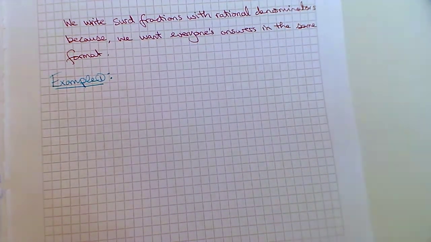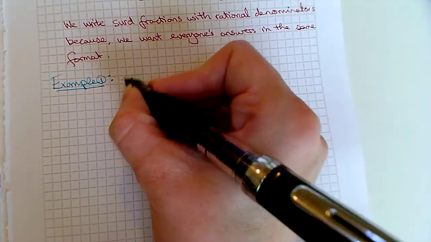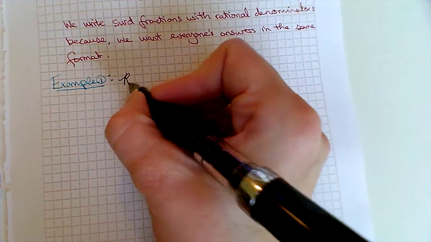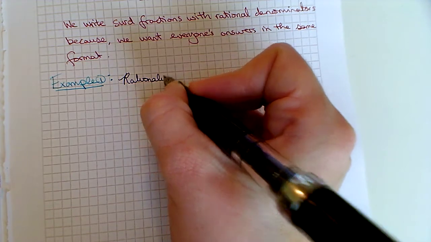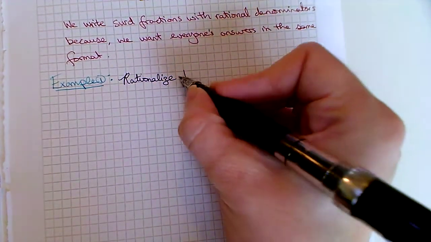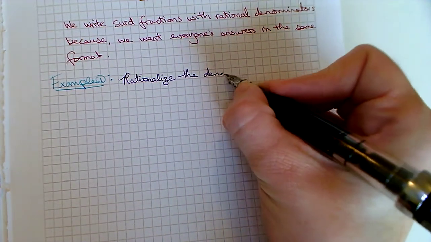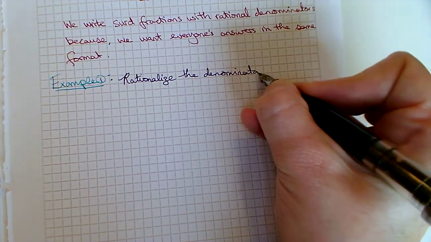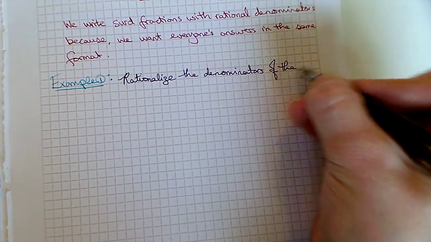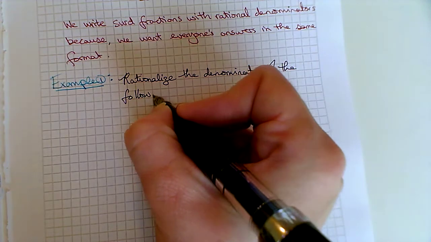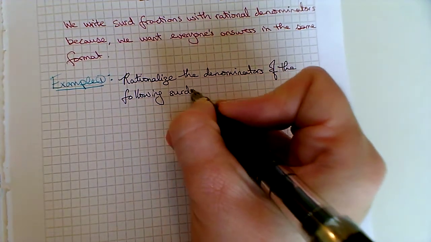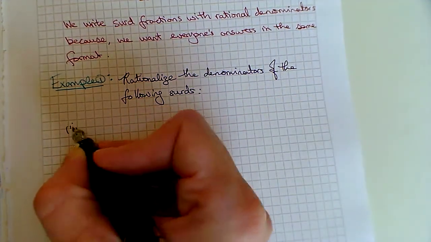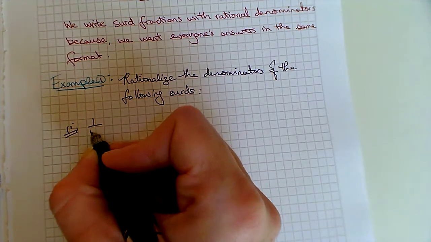So here we're asked to rationalize the denominators of the following surds. Let's start with the one that we have seen already, 1 over the square root of 2.